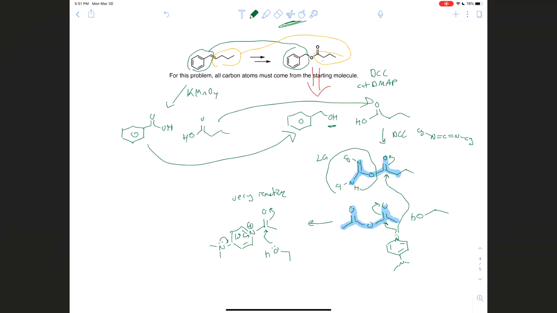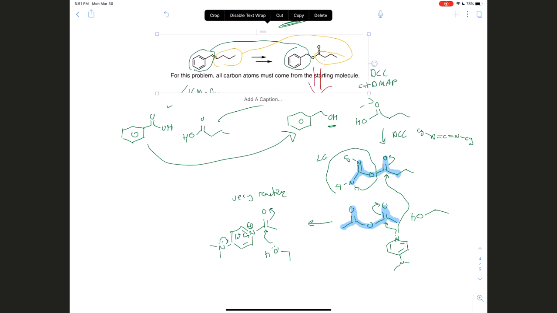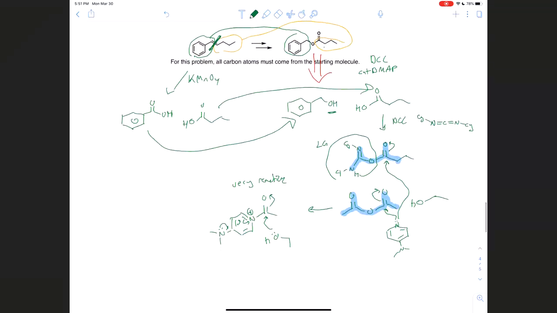I don't know if you guys learned periodate cleavages, but I would definitely be trying to use some sort of reaction that will break this bond in half. So you could try something like ozonolysis or the potassium permanganate reaction.